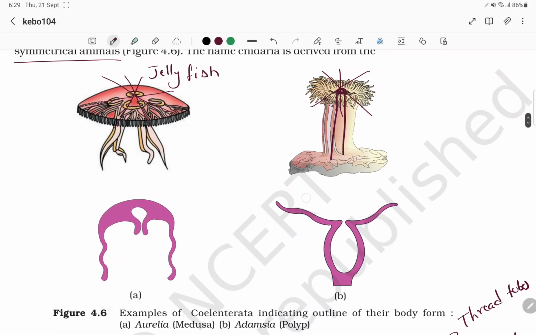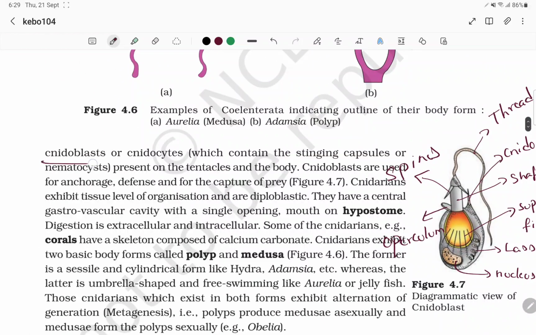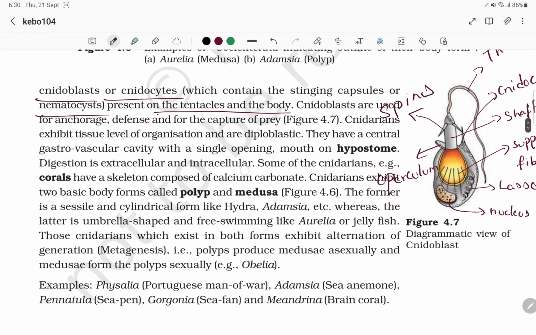The name Cnidaria is actually derived from cnidoblasts or cnidocytes. These contain the stinging capsules, or you can also call them nematocysts. These are present on the tentacles of the body. Cnidoblasts are used for anchorage, defense, and for capturing prey also.